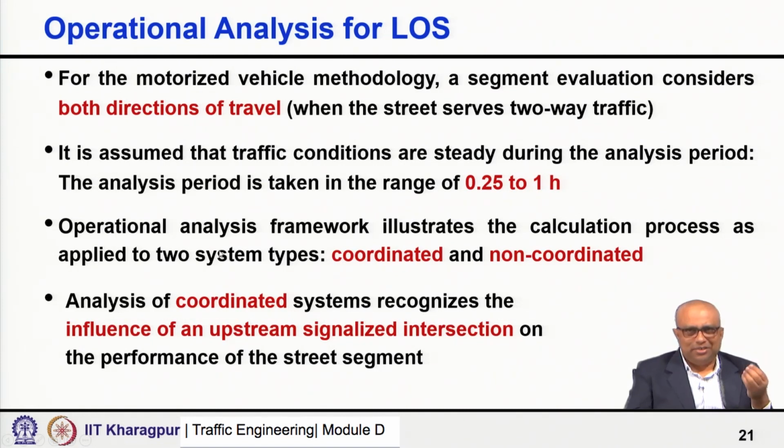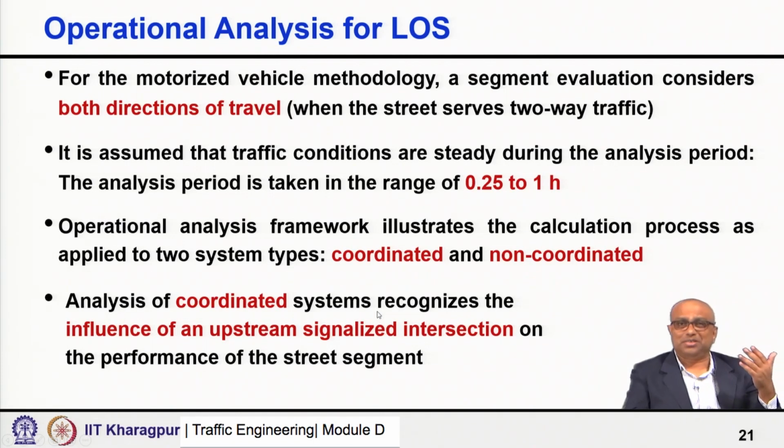And as I said, the operational analysis framework, what we are going to discuss, the calculation process, is applicable for both systems, coordinated and non-coordinated systems. Analysis of a coordinated system recognizes the influence of upstream signalized intersections on the performance of street segments.